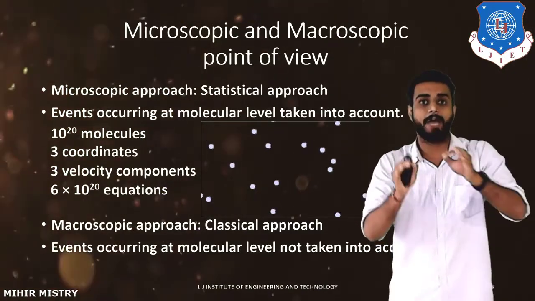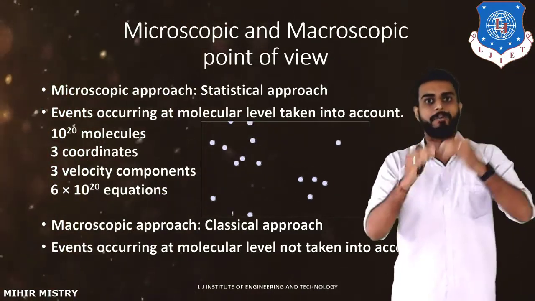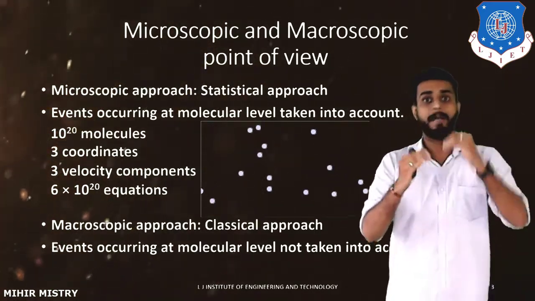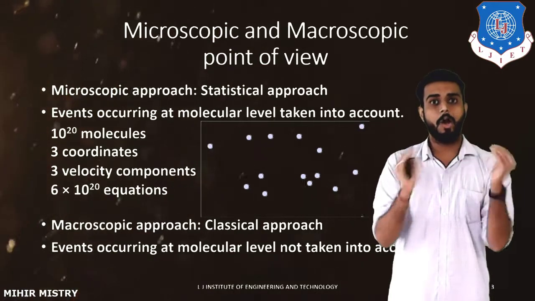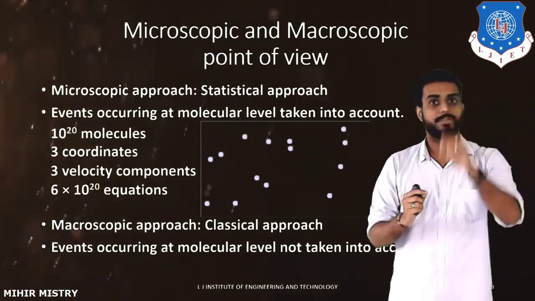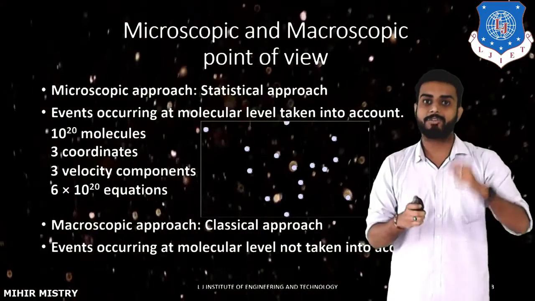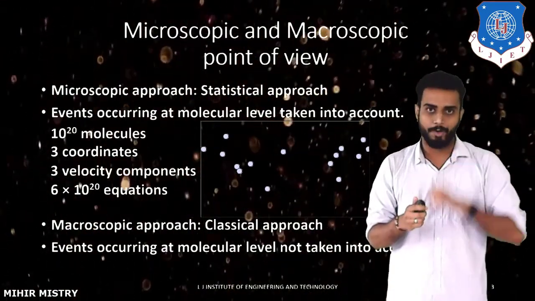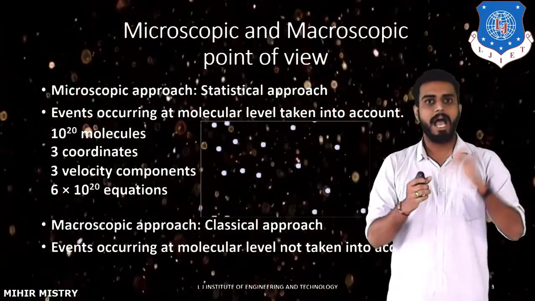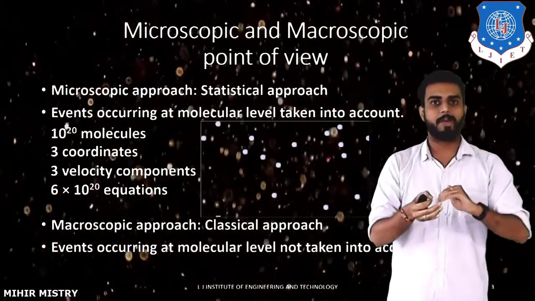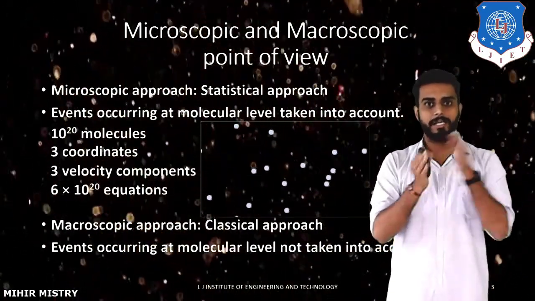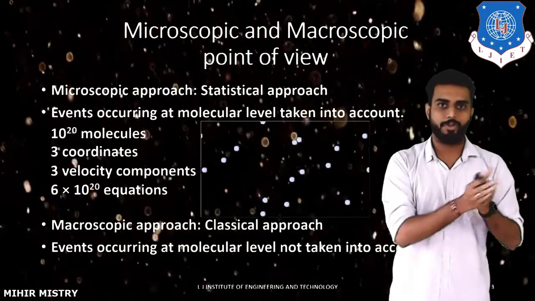Certain molecules will have 25.9 degrees Celsius, 24.9 degrees Celsius, 23 degrees Celsius, 26 degrees Celsius. But on average, they are all said to have a temperature of 25 degrees Celsius. So temperature can be defined as a macroscopic property, right? In the same way you can define pressure also. So this is how the microscopic and macroscopic approaches are taken. This subject deals with the macroscopic approach only.